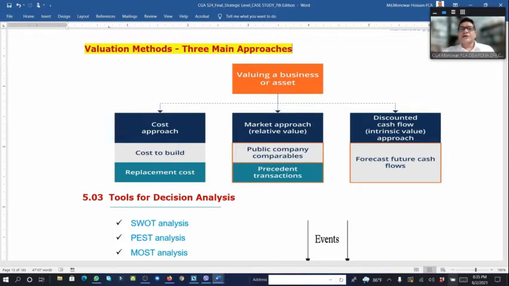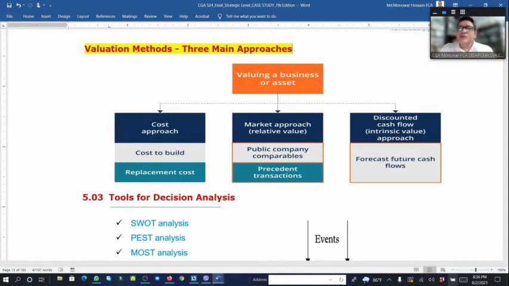It is the relative value. What is that? Public company comparable. For example, if you want to do a merger or acquisition of a company, and that company is listed, you can easily calculate its valuation, because the market value per share multiplied by the number of shares gives the total market capitalization.